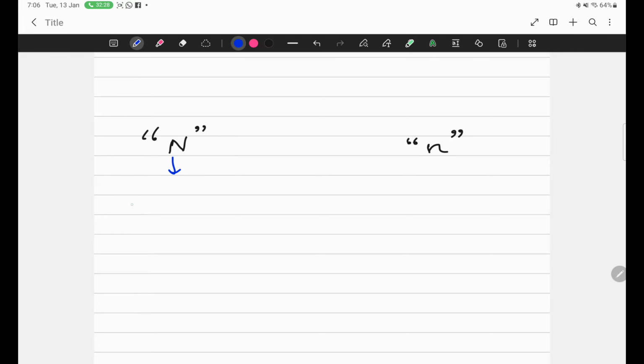This capital N always represents total number of electrons. Capital N always stands for total number of electrons in the whole conductor.